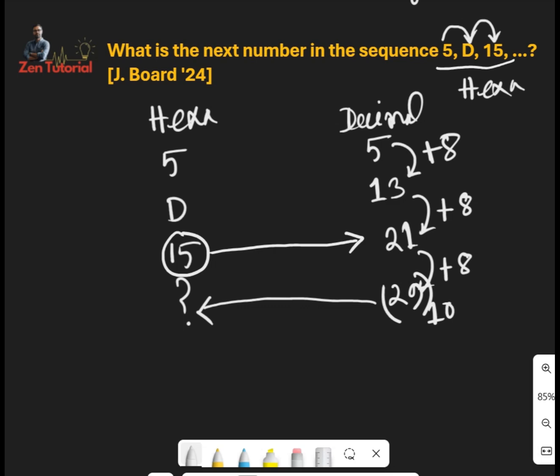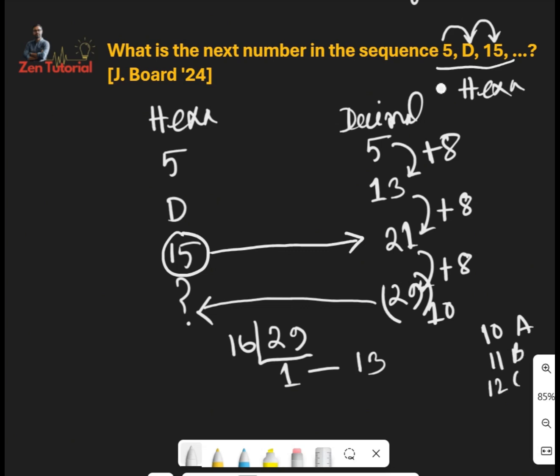What you have to do? Convert this decimal number into hexadecimal. So 29 need to be divided by 16, so this will be 1. So 29 minus 16 is 13, and we know that 10 means A, 11 means B, 12 means C, and 13 means D, right?